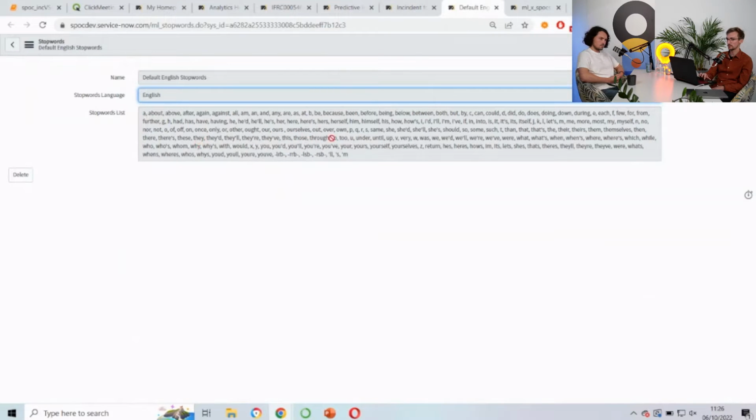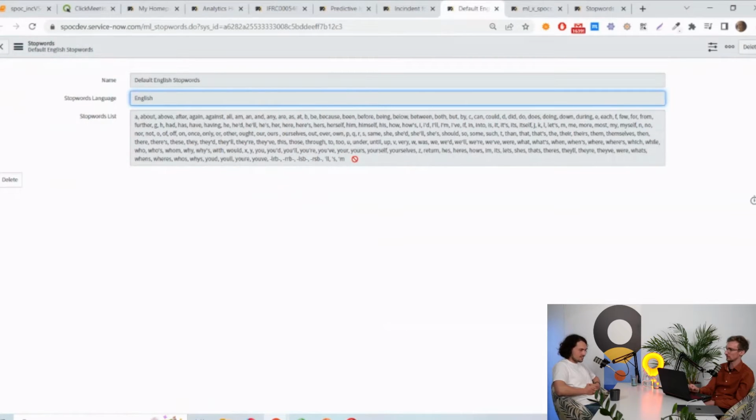They are pronouns, or I think that when we use this model for our other solution definitions, we can add words like hello, hi, thank you, or kind regards, because they are pretty much redundant words. I like to see them in our incidents, of course, but I don't think they give any value to the training of our model. Yeah, exactly.